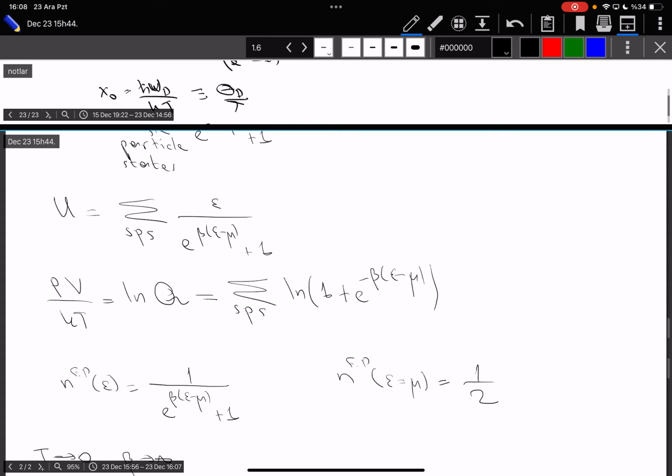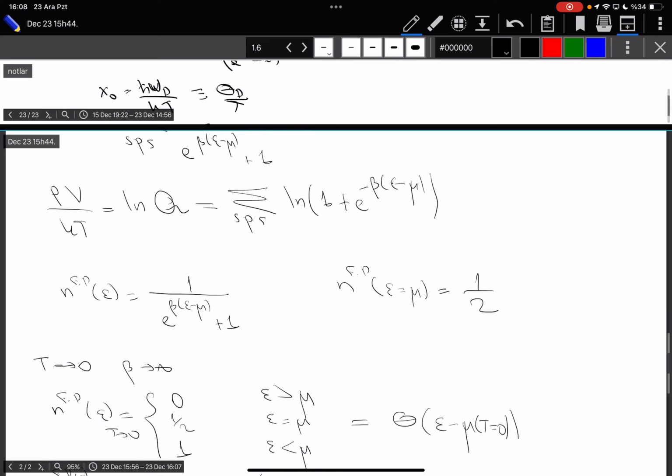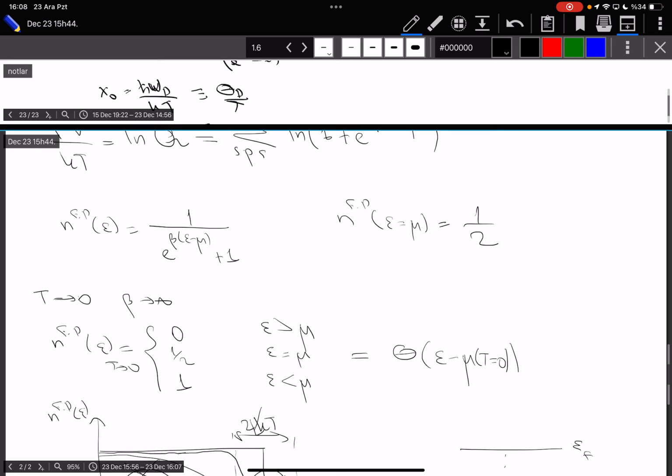So we had to separate out the ground state, because in the ground state we could have a macroscopic number of particles. Well, we don't need to worry about that in the case of the Fermi-Dirac distribution, because in the ground state we can have at most one particle. Well, if you consider the spin degeneracy of the electrons, you have 2 particles. There is no way you will have a macroscopic number of particles in the ground state.